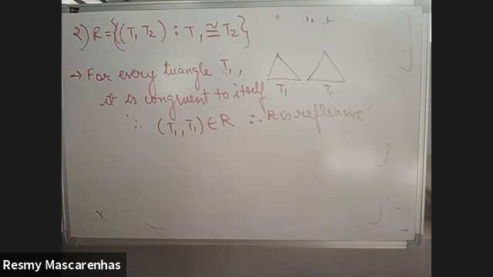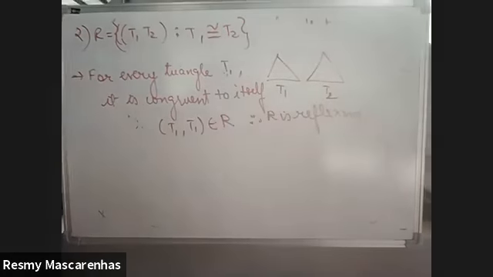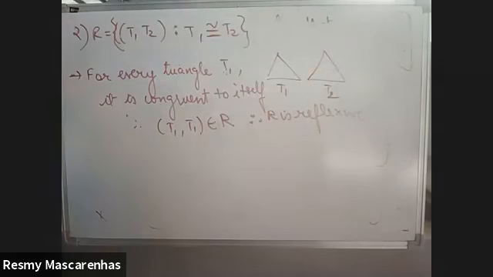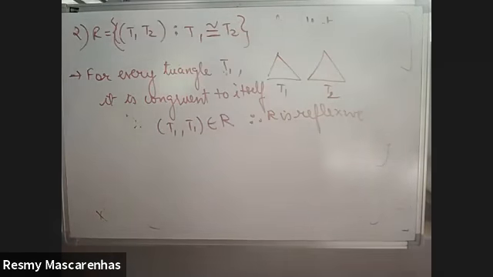Now for symmetry, obviously this is T2. So if T1 is congruent to T2, obviously the second triangle will be congruent to the first one.